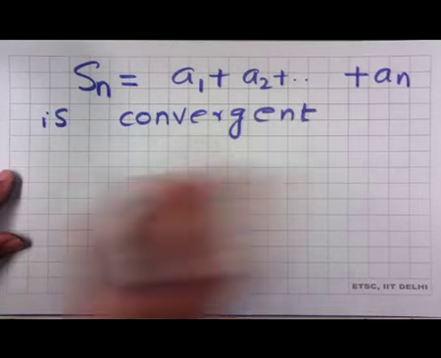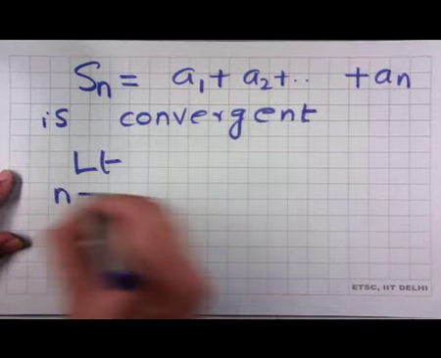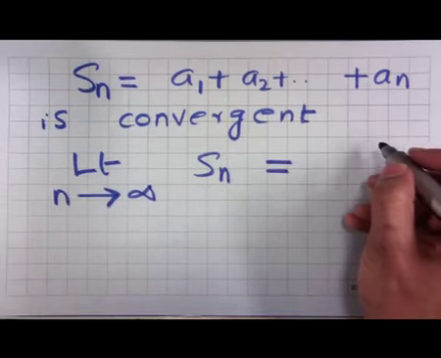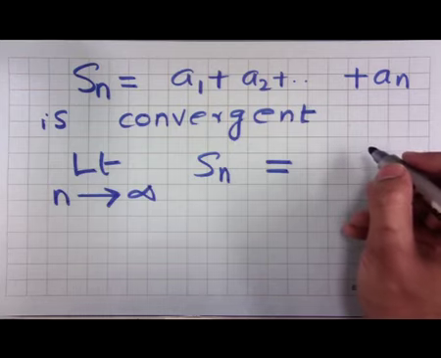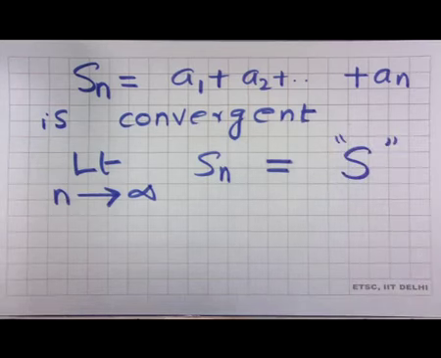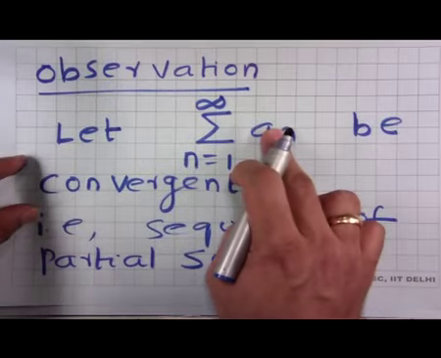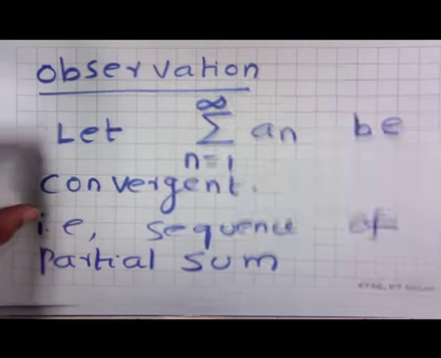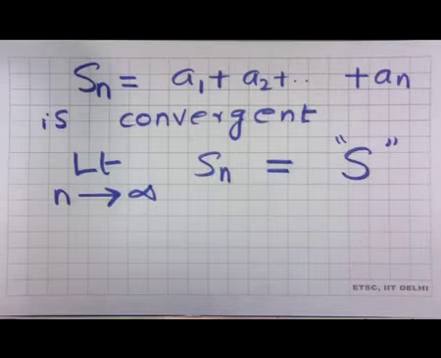That is, as n becomes larger and larger, the sequence of partial sums becomes sufficiently close to a fixed number, let us call it S. Thus, with the assumption that the given series is summable or convergent, we have the corresponding sequence of partial sums is convergent.